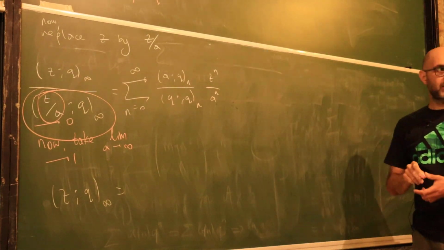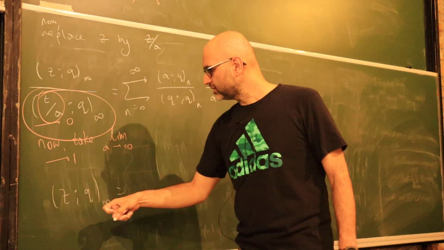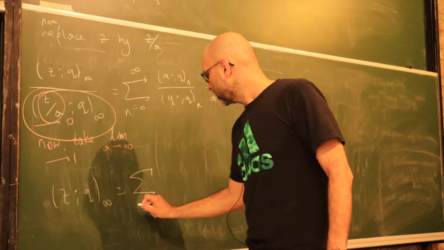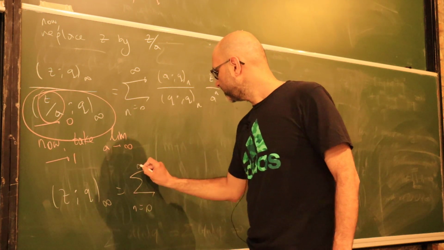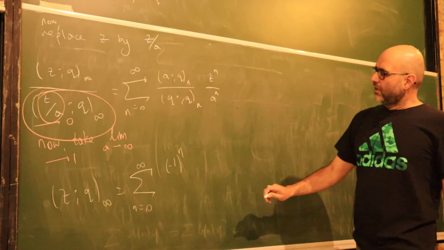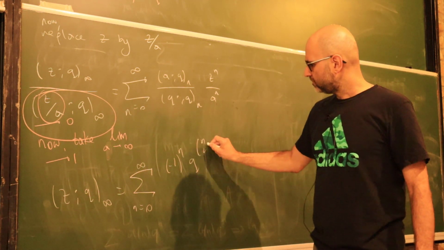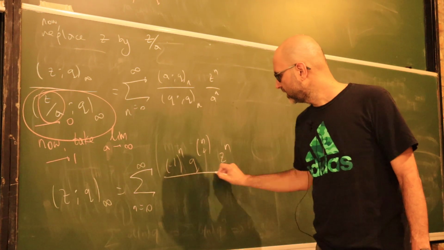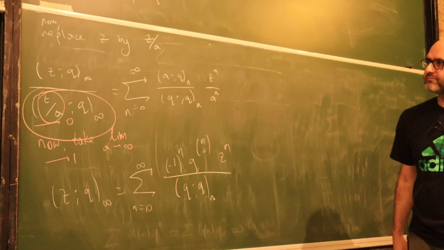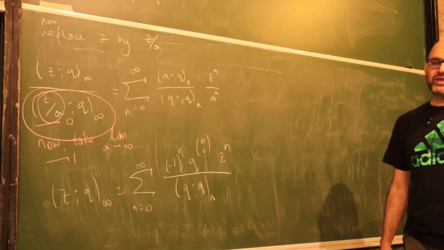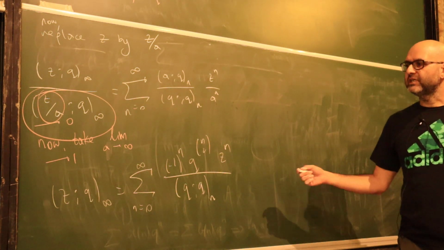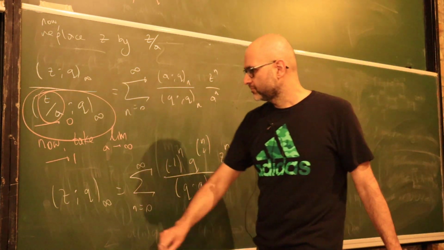So, if we plug things in place, we will have (z; q)_∞, no denominator. This is the sum for n running from 0 to infinity of (-1)^n q^(n choose 2) z^n divided by (q; q)_n. This is the second formula we can derive using the q-binomial theorem, or the second corollary of the q-binomial theorem.